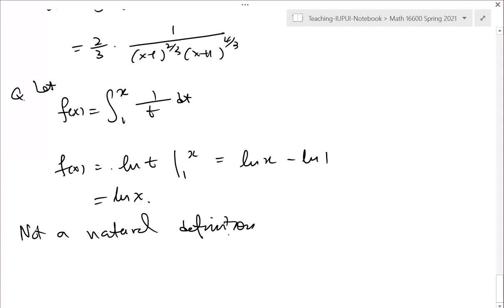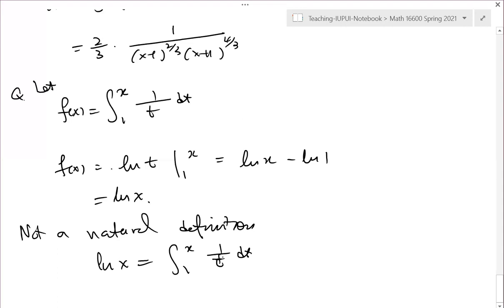Okay? Natural log x. As long as you understand the integral, right? You can use the integral to define the natural log x. You can define it in this way. Then eventually you have to show that this is the inverse function to the exponential function.